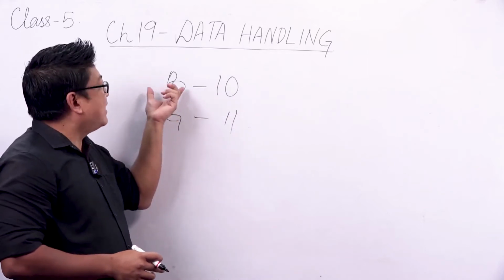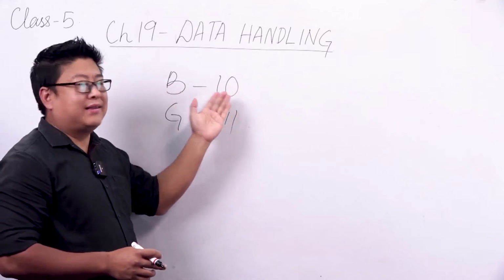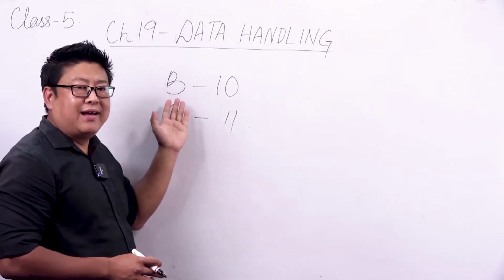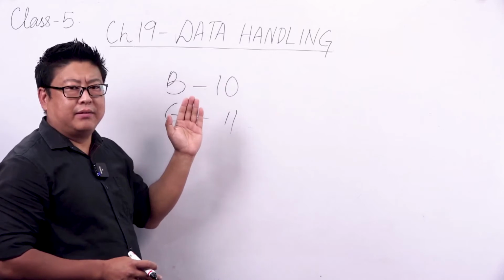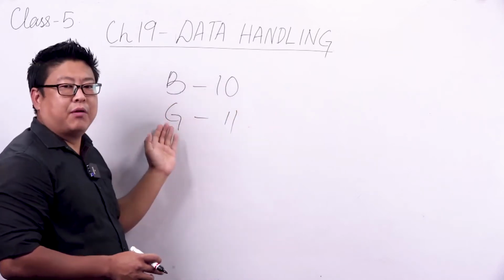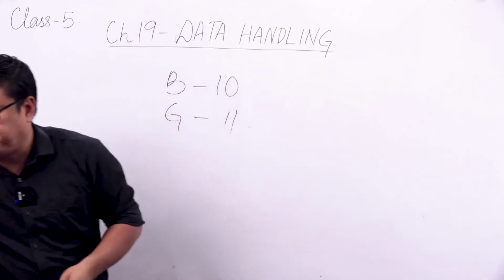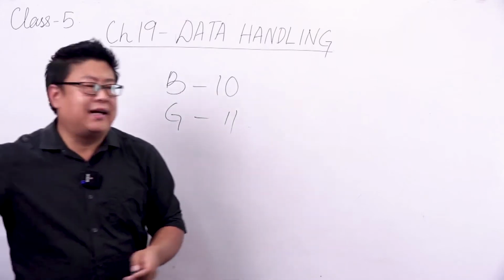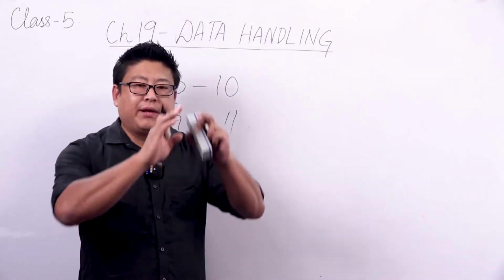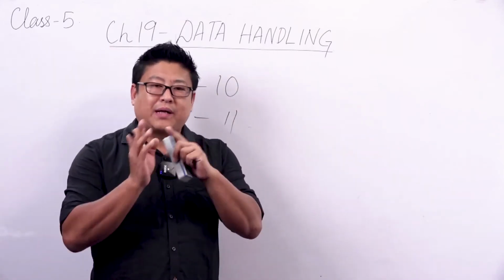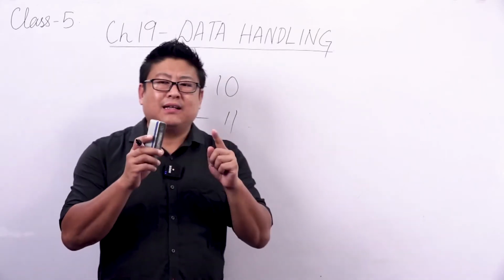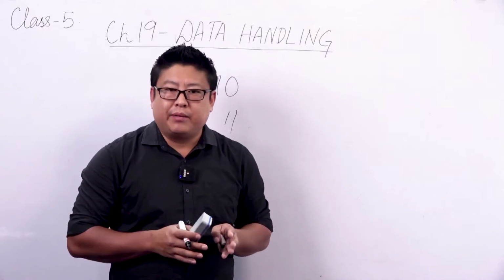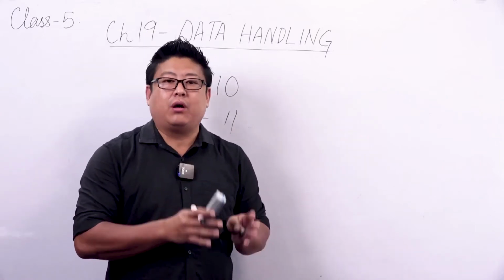By looking at the numbers, we can clearly say the number of boys is 10 and the number of girls is 11. This data can also be written in a table, and we will come across that in the later part of the class. Data written in a table is called tabulation of data.